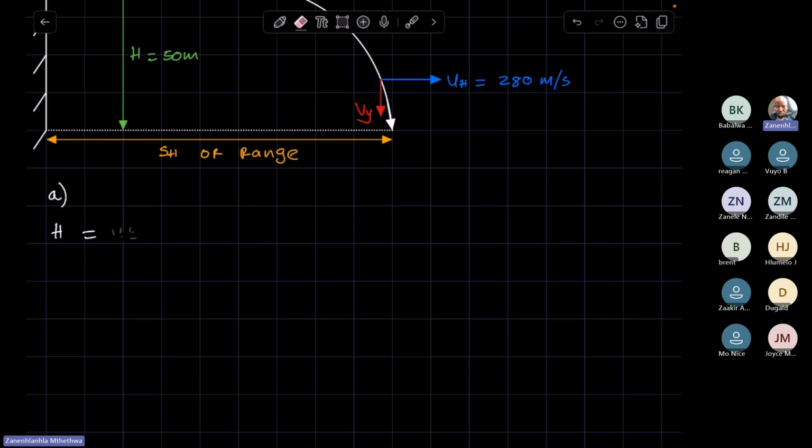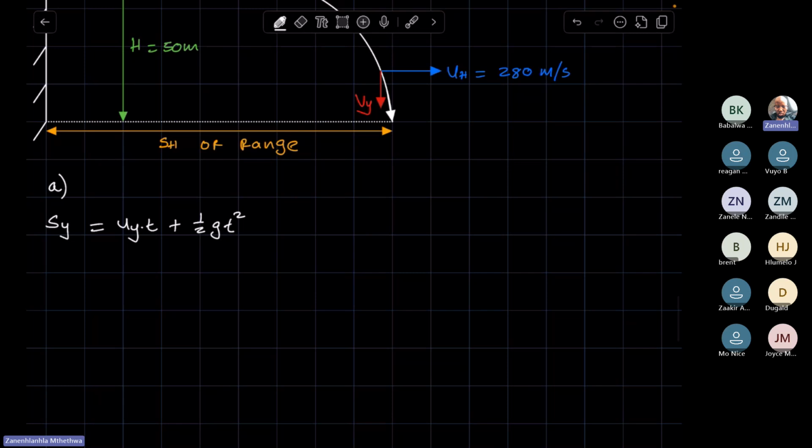Let me call it Sy for context. So displacement along the vertical plane is equal to UyT plus half GT squared. This one works perfectly. It's also very short.